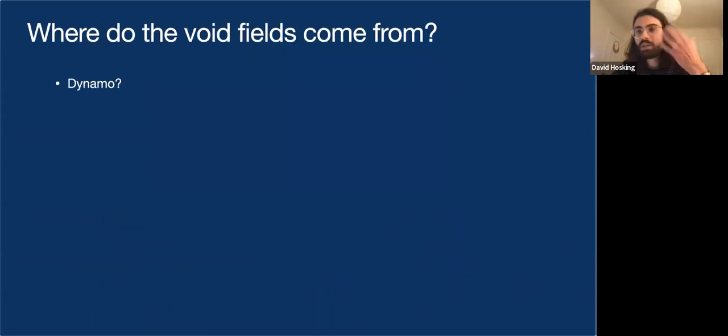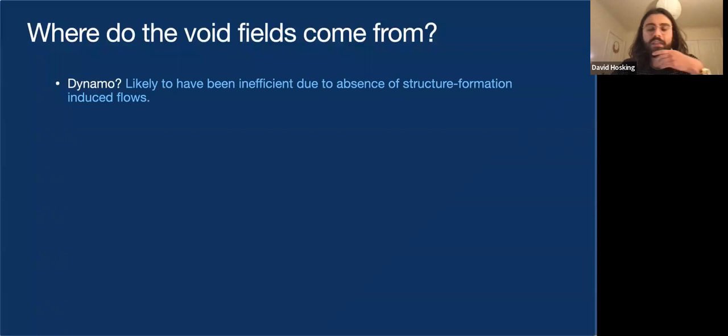So there comes a question: where do these void fields come from? The first thing you might expect is that perhaps these void fields were generated by dynamo, which is typically where magnetic fields come from in astrophysics, at least in collapsed structures. However, within the voids, that's precisely where you wouldn't have flows induced by structure formation, and so dynamo is likely to be inefficient and perhaps not the origin of the void fields.